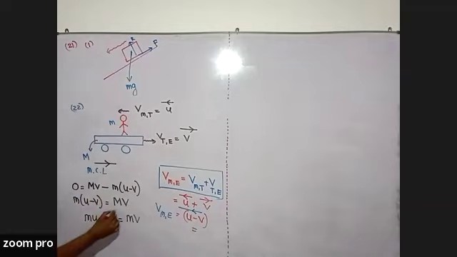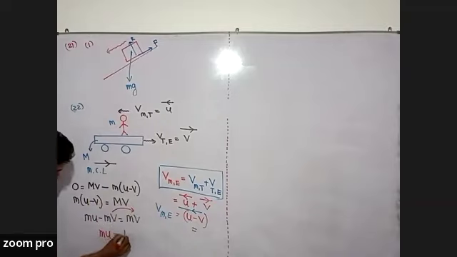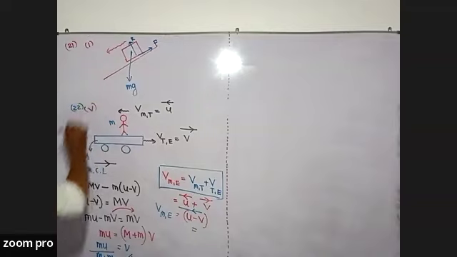If I take this mv to the opposite side, then mu equals (M plus small m) into v. Then v is equal to mu over (M plus small m), right? So the answer should be the fifth one.